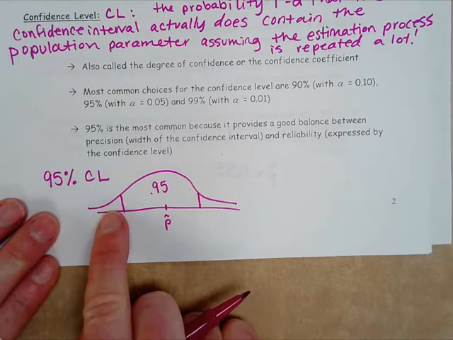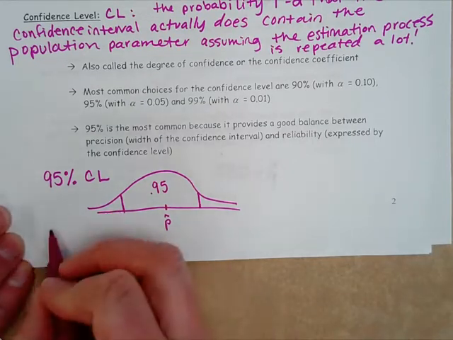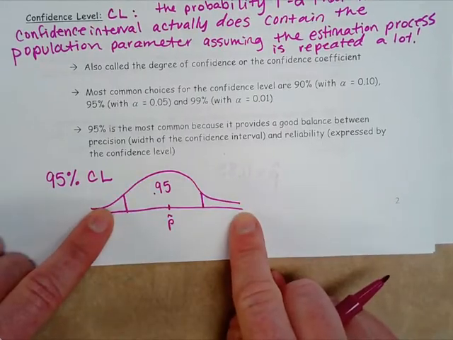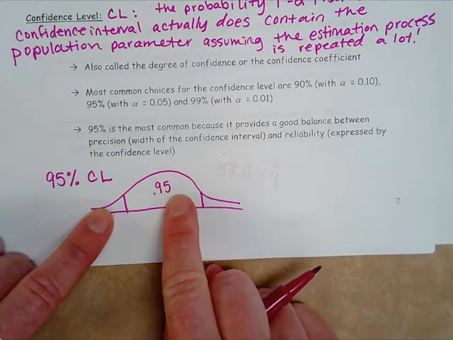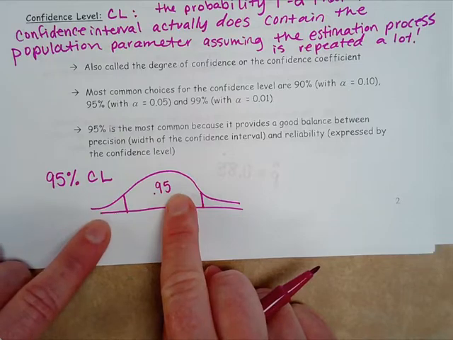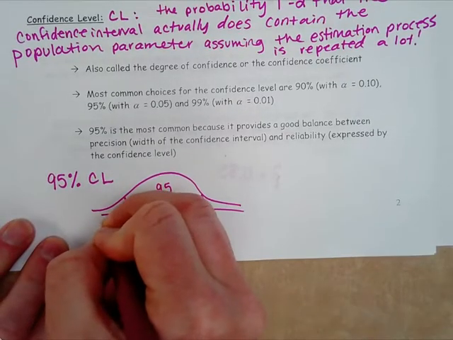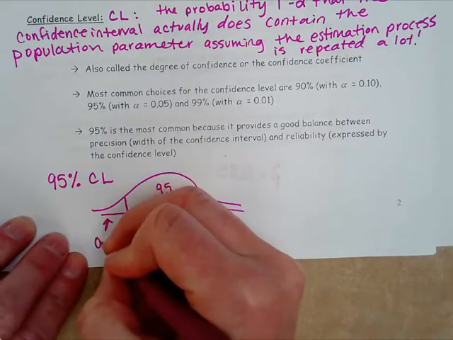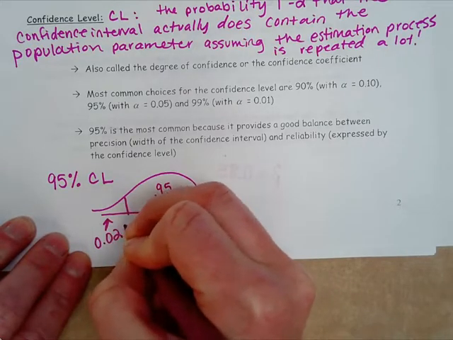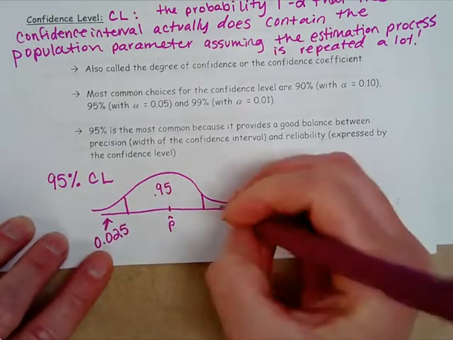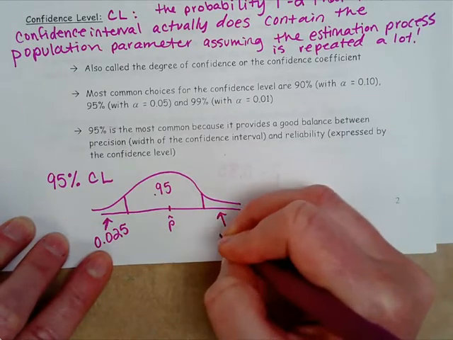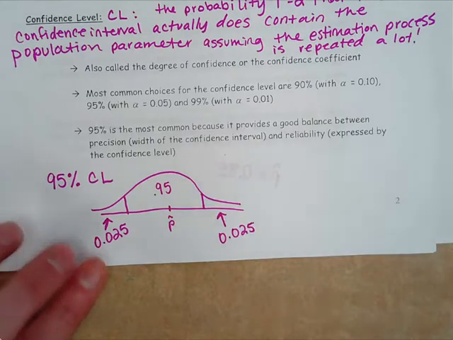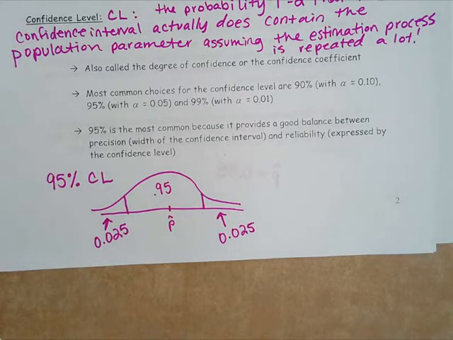Then here would be what's left, because this whole thing has to make 100%. So if this is 0.95, we have 0.05 left. So each side would be 0.05 divided by 2. So that'd be 0.025 on each side. So that's in 2 tails. That's going to become important in a little bit whenever we use that t-distribution chart.